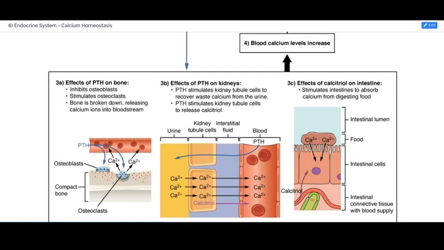It'll also stimulate the production of calcitriol, which is a hormone that helps out with the effects of regulating calcium. And then calcitriol will go on to stimulate the digestive tract, specifically the small intestines, to absorb more calcium from the food and therefore get it into the blood also.